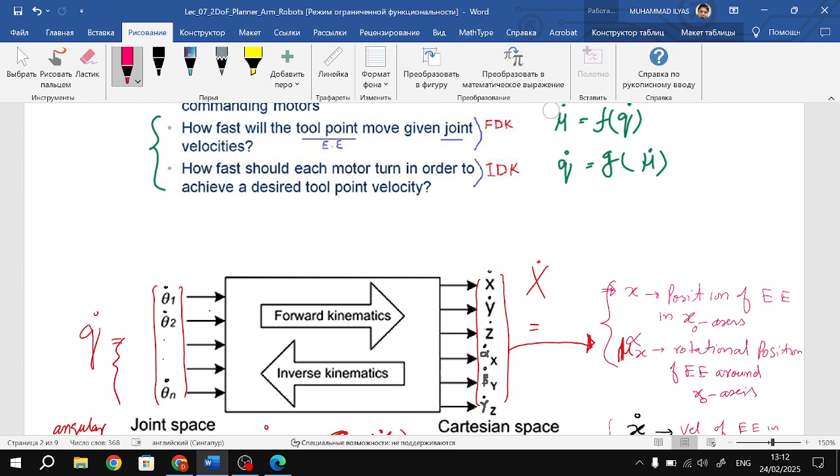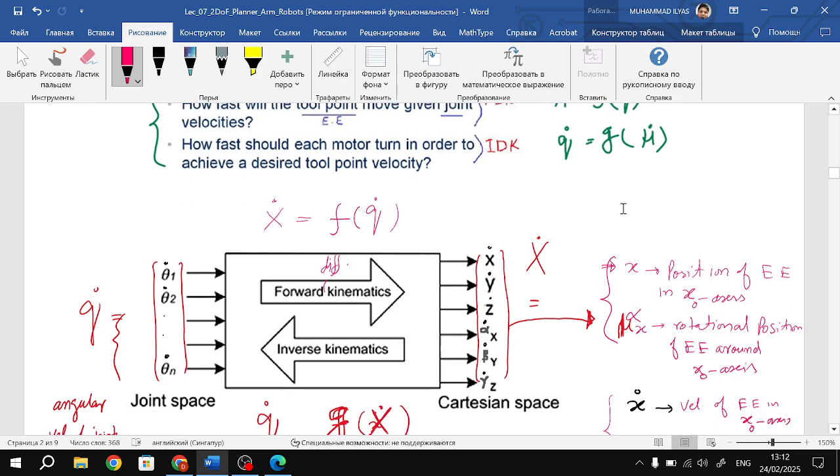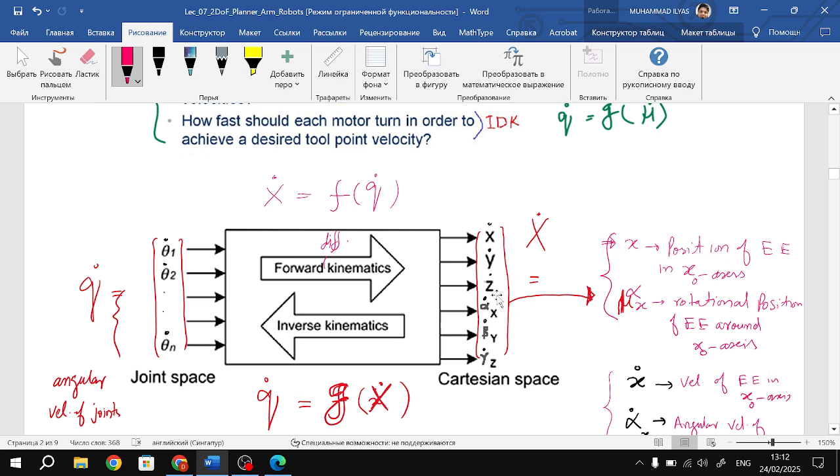Forward differential kinematics means that we have q dot, the derivative of the joint variables, and we apply some function, and we get the end-effector velocity vector, meaning the linear velocity and angular velocity: x dot, y dot, z dot, alpha dot, beta dot, and gamma dot.